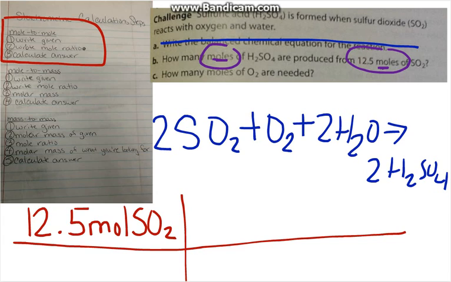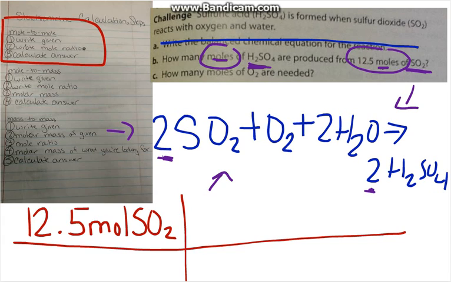The mole ratio is going to come from your equation. It's going to come from this thing right here. I need to look at what I'm going from and what I'm going to. I'm going from SO2 and I'm going to H2SO4. So look at my equation. This is for SO2.